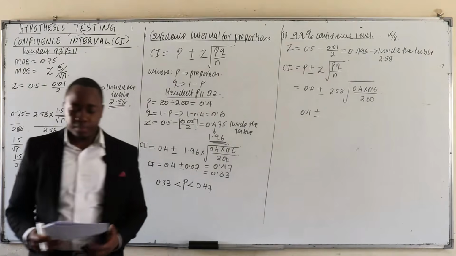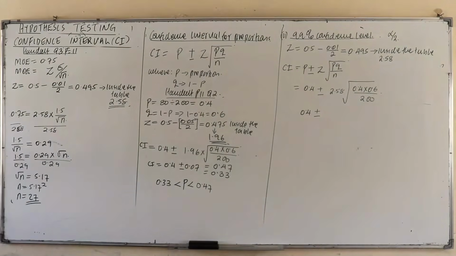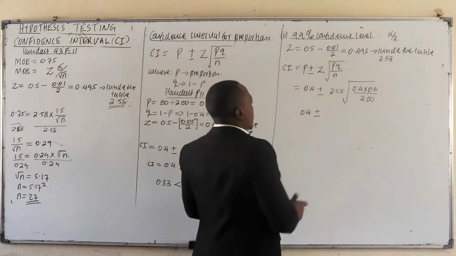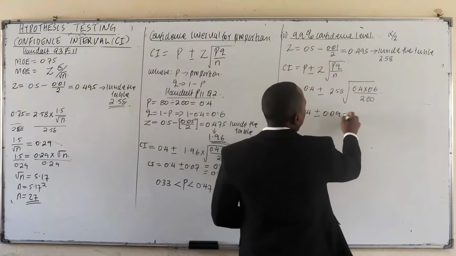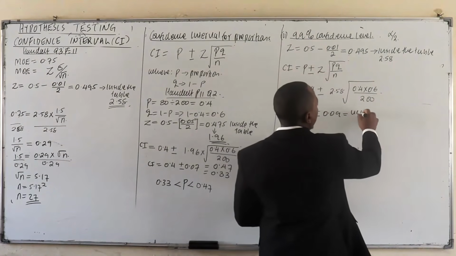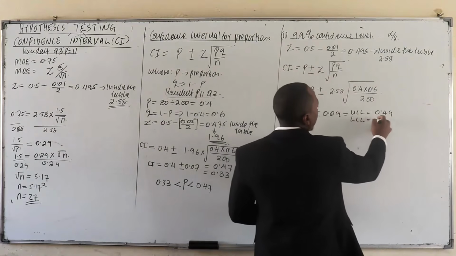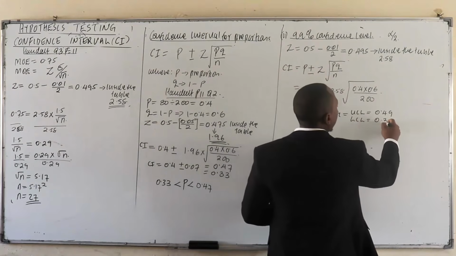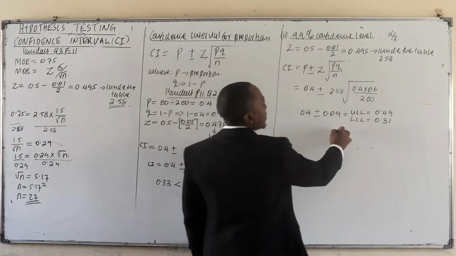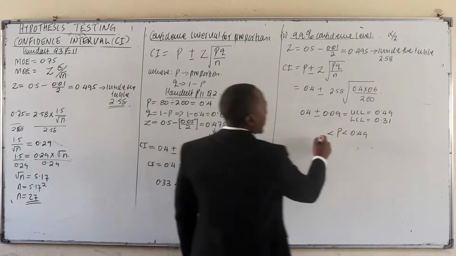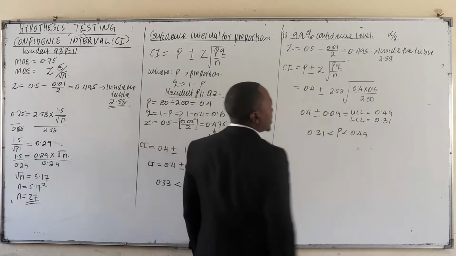Give me that. 0.09. So the upper control limit will be 0.49 and the lower control limit will be 0.31. So the proportion will lie between 0.31 and 0.49.